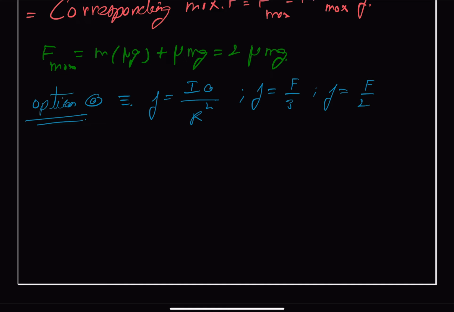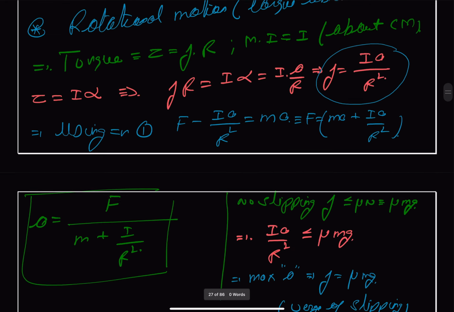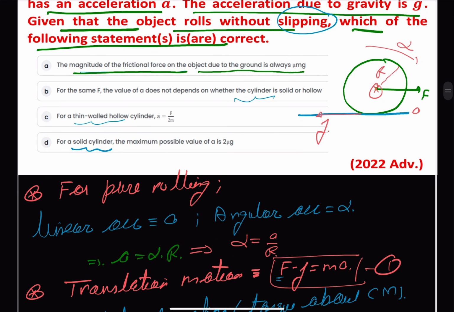So it means that our frictional force is not always mu mg. It is going to change depending upon what kind of object we are rolling. So option A is incorrect.